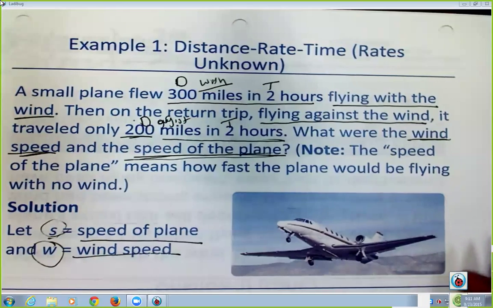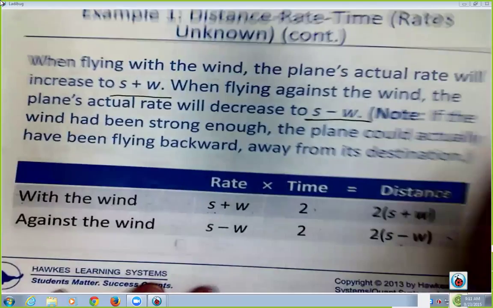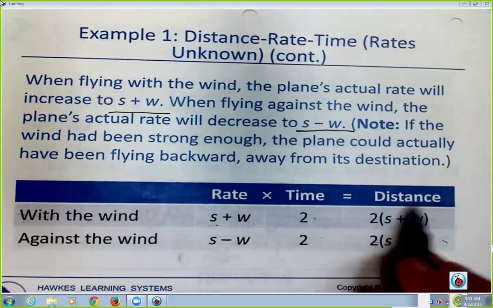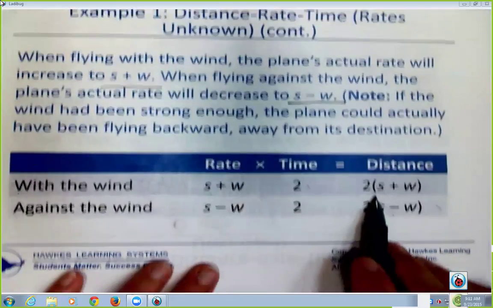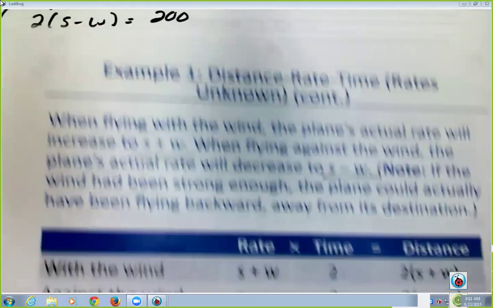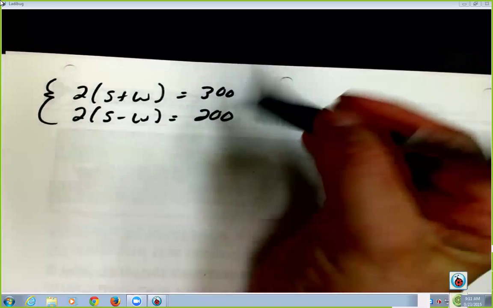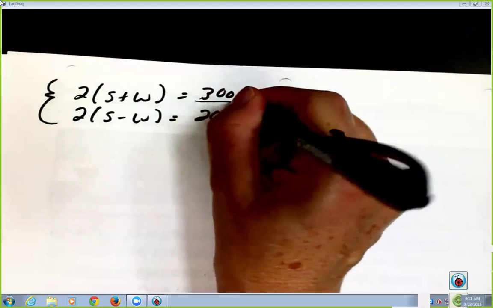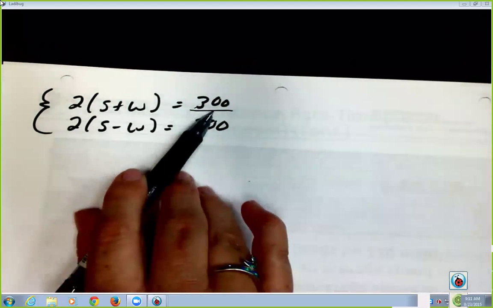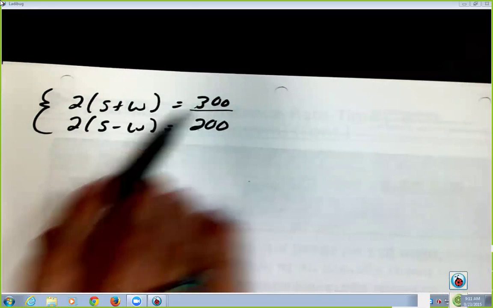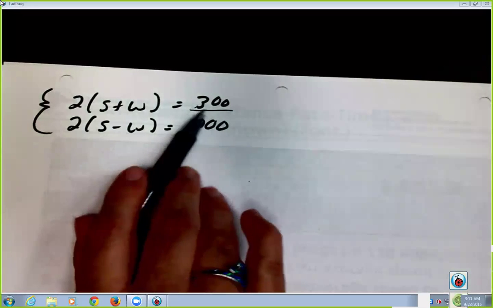Okay, so if we take our rate times time equal to the distance, we get our two pieces, but those two pieces are not fully put together until we take them and put them with what our distance is equal to. So with the wind it could travel 300 miles. Against the wind, it could only travel 200 miles. And so we set up our equations in this manner.